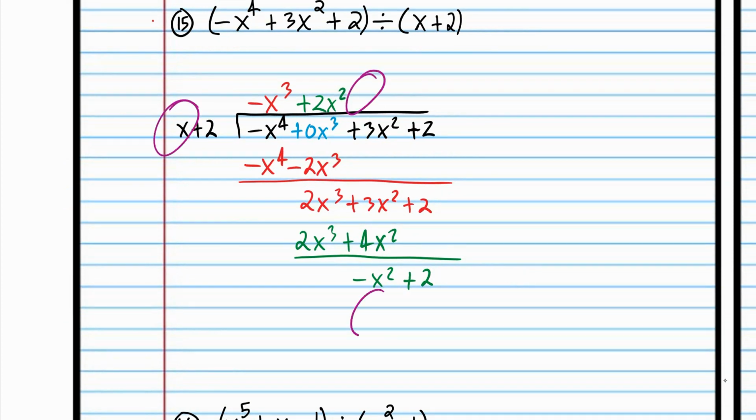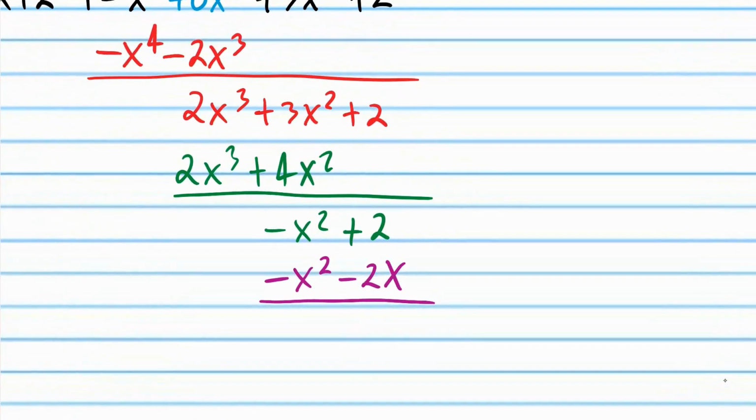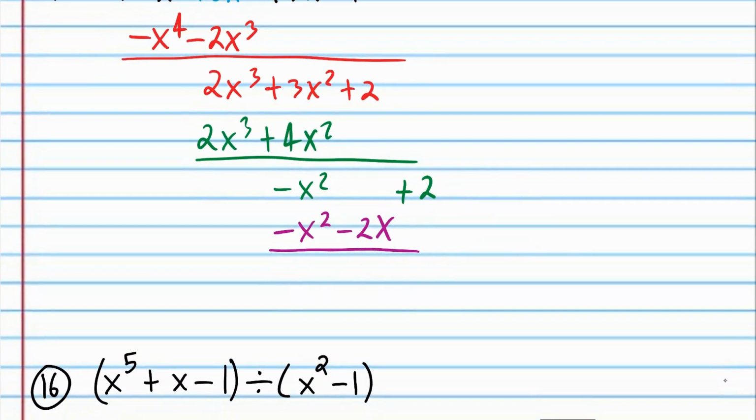X times what is equal to negative x squared? And the answer obviously is negative x. Negative x times x plus 2 is negative x squared minus 2x. And we have a situation here, because notice we have to move this top term over because we can't subtract negative 2x from 2.